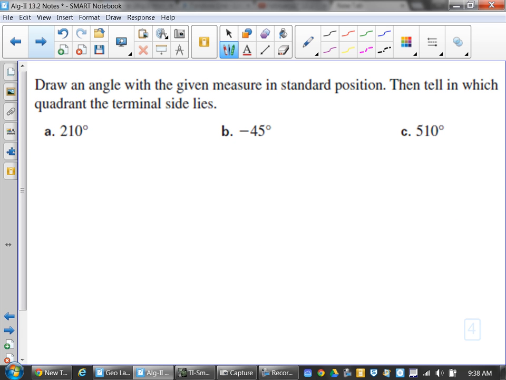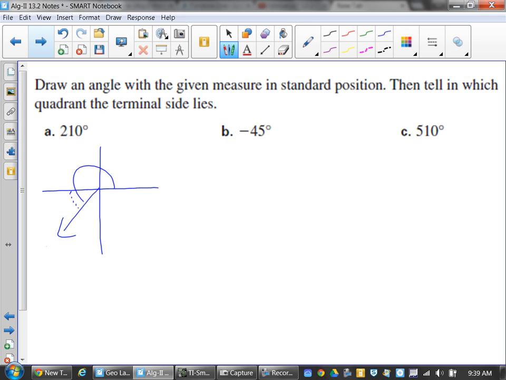When you go through these, well, we did this here. Let's do 210. When you spin 210, what quadrant does it lie in? Come around 180. And what would your reference angle be? Good.